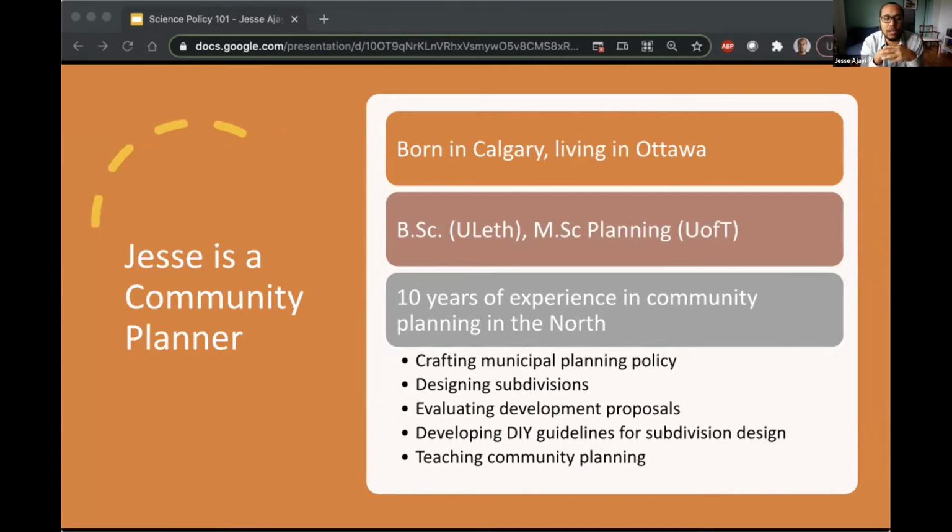And then I've also had the opportunity to develop guidelines for subdivision design, and I think of these as DIY, because what happens in the north is that decisions and projects are undertaken through a wide range of folks who are available, and you're not always bringing in outsiders and experts.